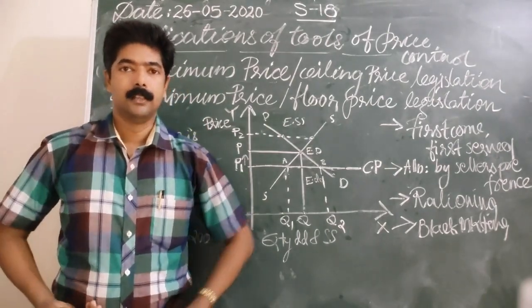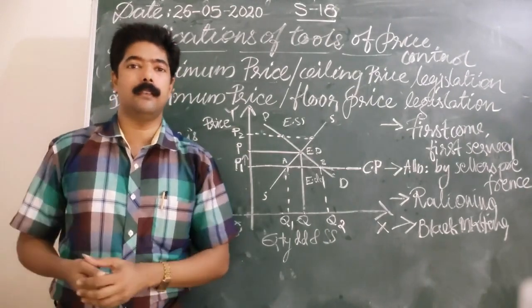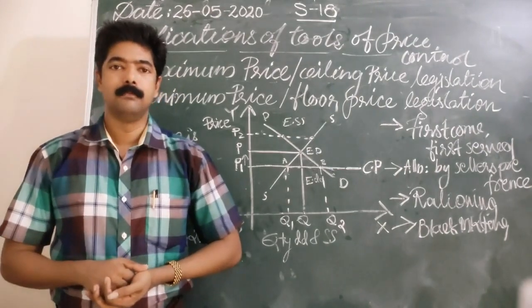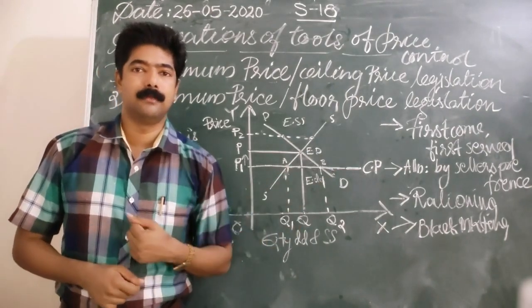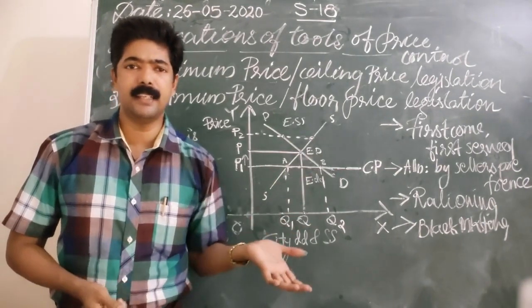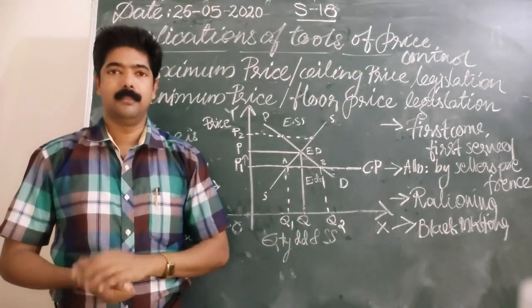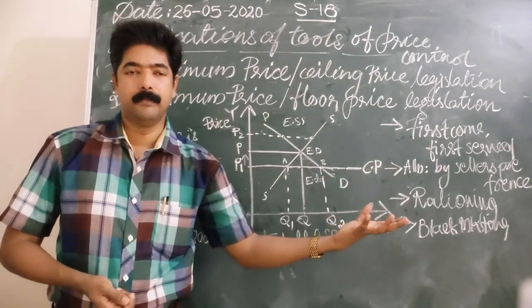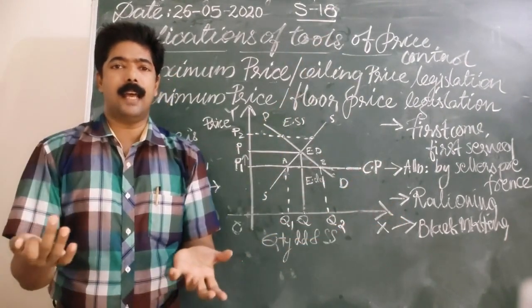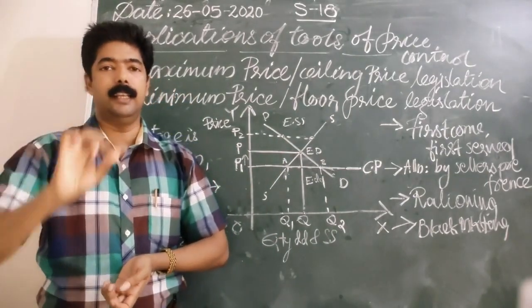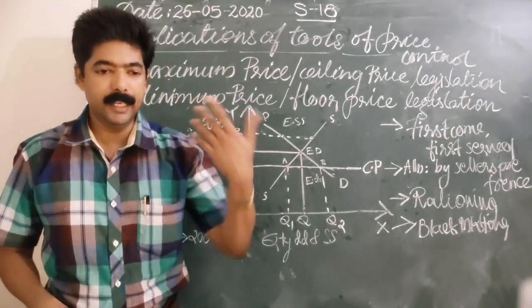In such cases, some people are there with tickets. The actual cost is 200 rupees, but you purchase from the black market, and they may sell that same ticket for 500 rupees. This is black marketing.